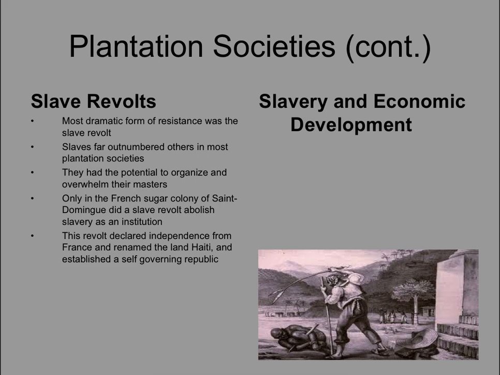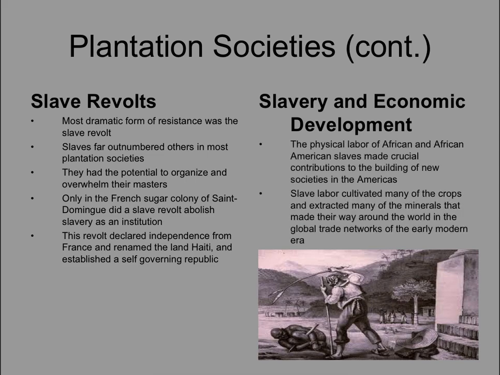They had the potential to organize and overwhelm their masters. Only in the French sugar colony in Saint Domingue did the slave revolt abolish slavery as an institution, and we'll look at that later when we look at revolutions. So this revolt declared independence from France and became the land of Haiti. That's the revolution I was talking about.